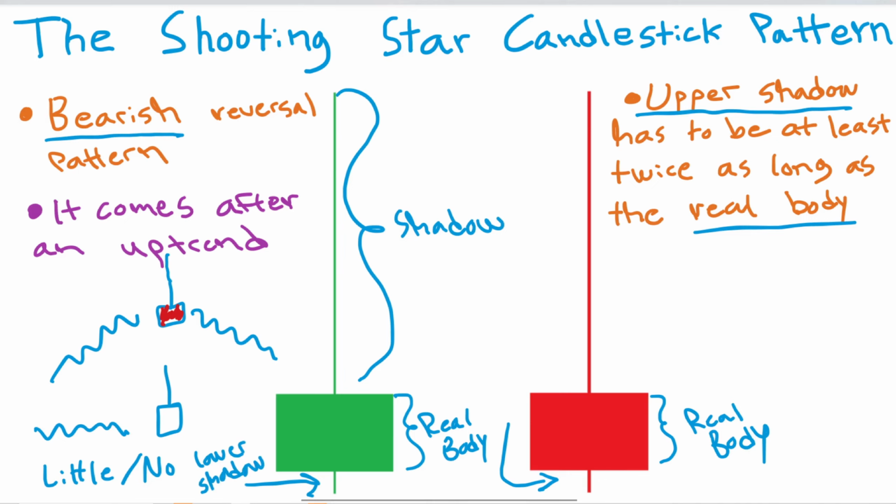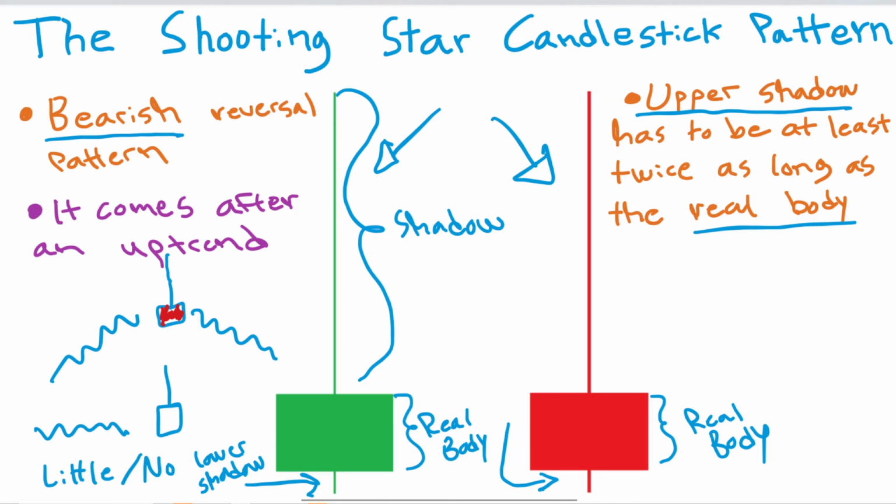And as you can see on the screen here, we have two different separate shooting star candles. And the shooting star candle can be either green or red. And the red one is a bit more bearish than the green one. And the reason for this is that in the green one, during the day, we have a strong increase and the price reaches a maximum all the way up here.